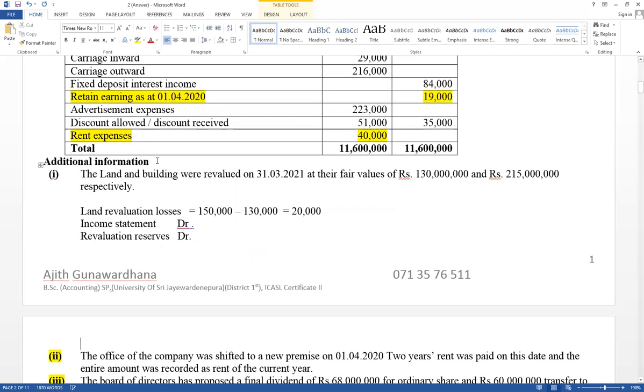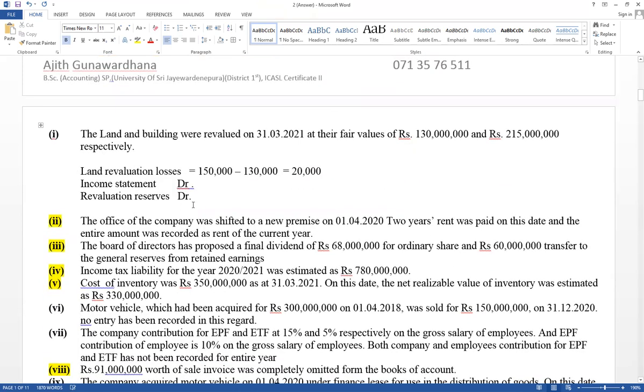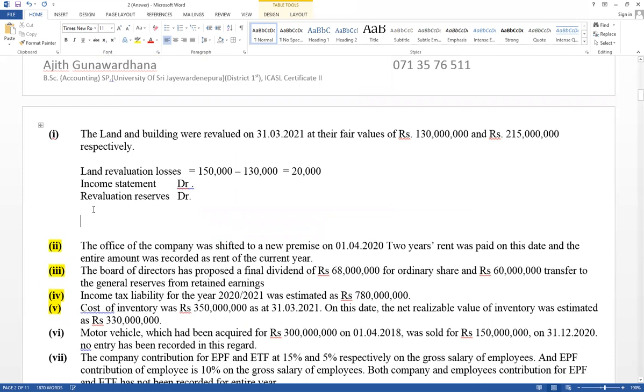Effect for land decrease, therefore land account credit. Land, second time revaluation. Land account credit. Think loss equals 20,000.